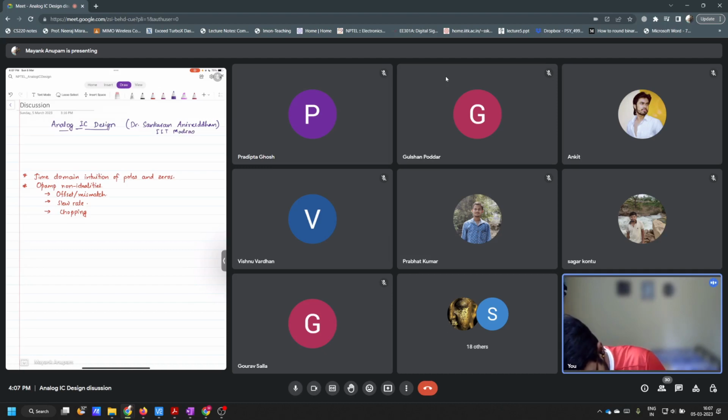I will be the tutor for this course. I am from electrical engineering, IIT Kanpur, also a PMRF scholar.